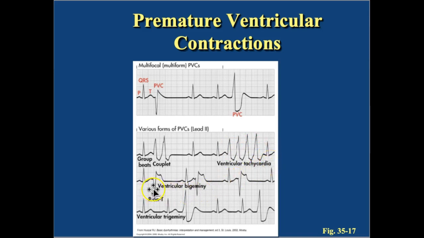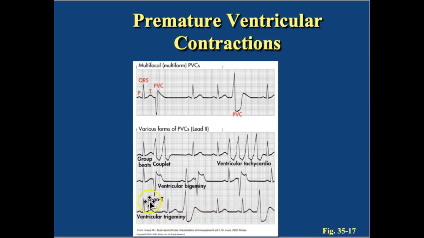Here's your ventricular bigeminy, where every other beat is a ventricular beat, or a PVC. But these are unifocal. See how they look alike? So you're in ventricular bigeminy, but it is unifocal. Trigeminy is every third beat.